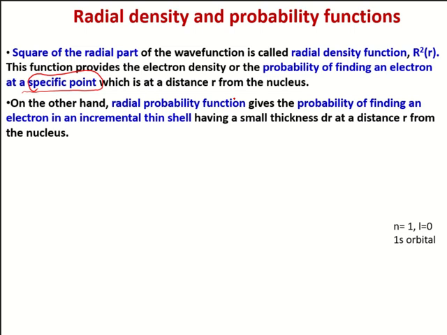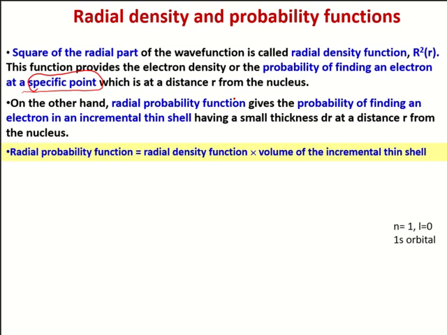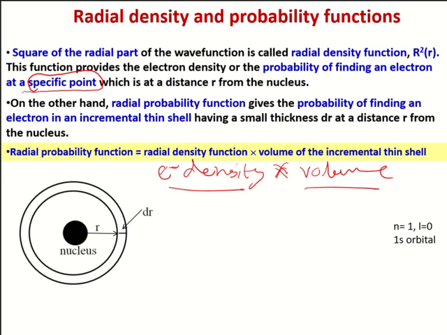So ये दो points अलग, क्योंकि this is the multiplication of electron density into volume, इलेक्ट्रॉन डेंसिटी और वॉल्यूम ये मल्टीप्लाई करके रेडियल प्रोबेबिलिटी फंक्शन आता था. ठीक है ना? So इस तरह से विजुअलाइज करना है.